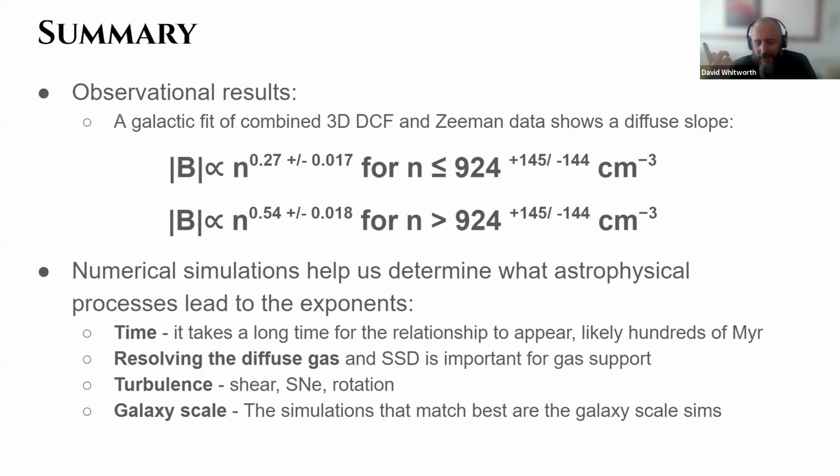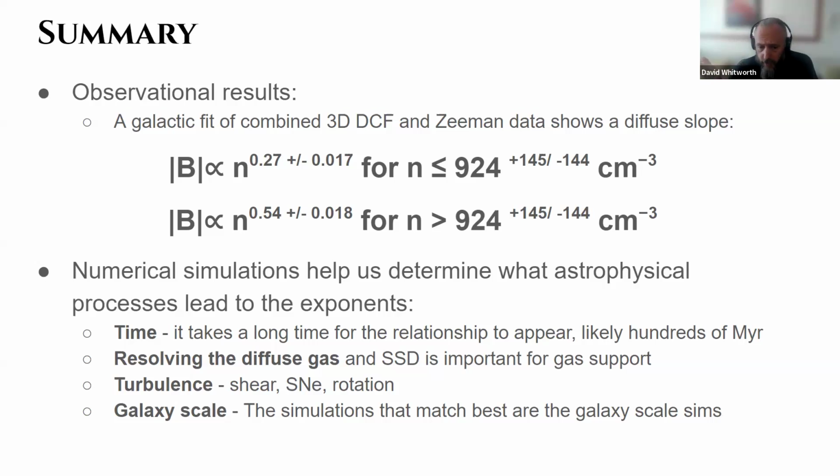It takes time. So you do need to run your simulations for time for the field to fully saturate and become active in all parts of your diffuse gas. Resolving the gas is important to some extent because it then allows us to resolve the SSD, which will allow your magnetic field to increase quickly.